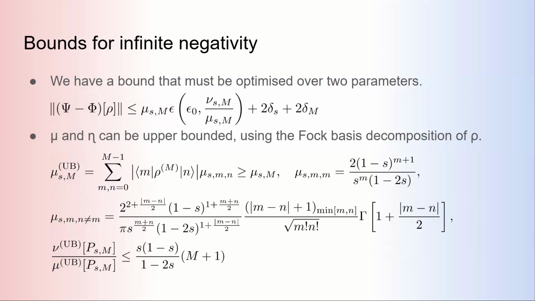Okay, so firstly, if I know the Fock basis decomposition, I can bound the negativity, using these expressions, which are not nice, but fine. So this is a gamma function, and this is the Pochhammer symbol, and yeah. The less I know, the more I need to give up in my bounds.